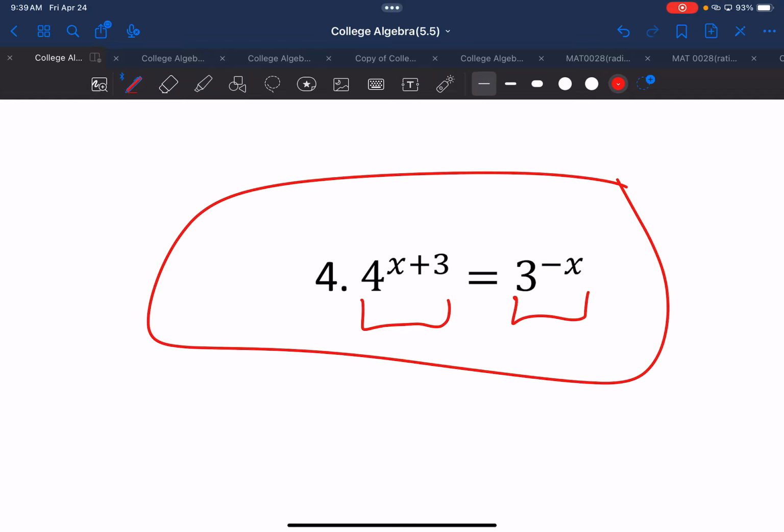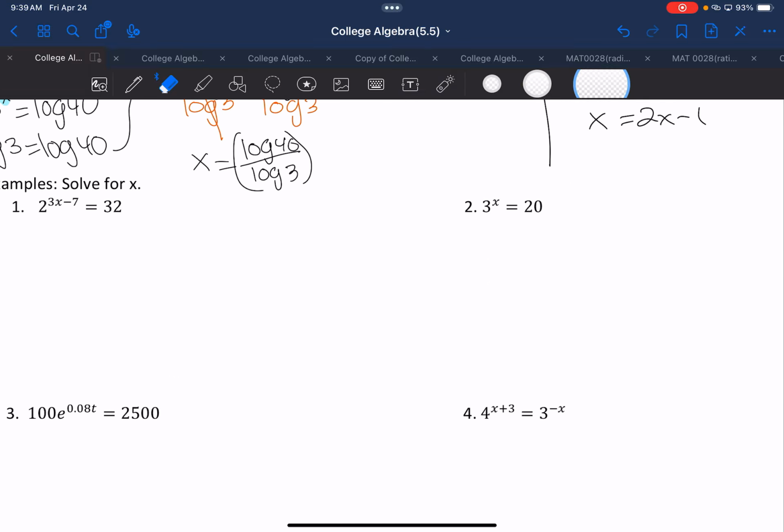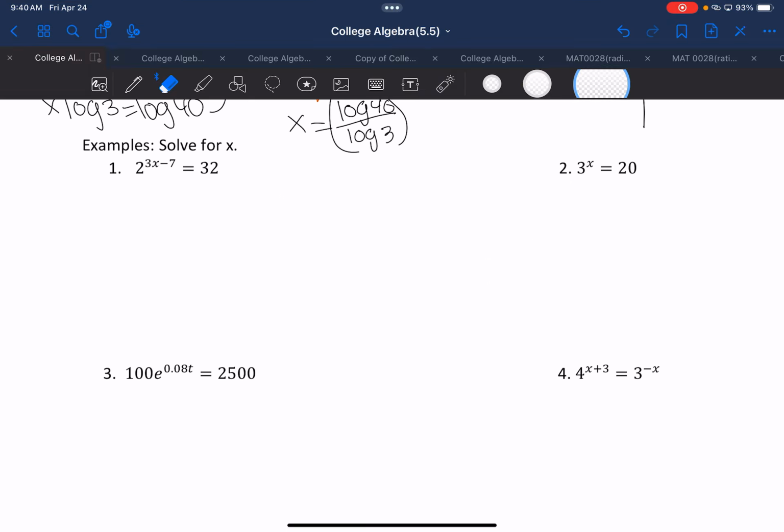And then this one is isolated on the right side. That's fine. I can use the property on that one, and we're good, because they're both isolated. Okay. All right, so anyways, back to number 1.